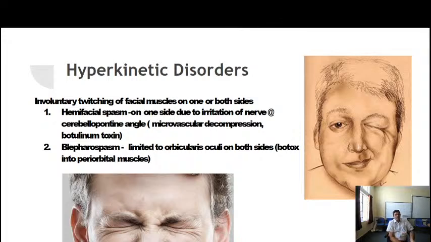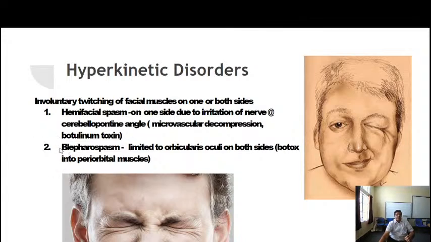Now there are certain hyperkinetic disorders which are described. There are two things. One is the hemifacial spasm, where one side of the face, there is a closure and deviation. So it's called facial twitches, and these are usually because of the irritation of the nerve at the cerebellopontine angle.